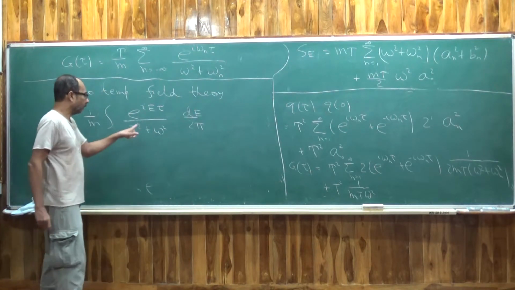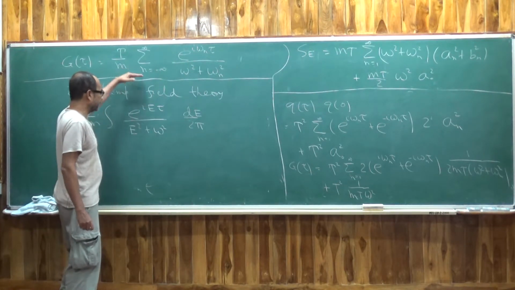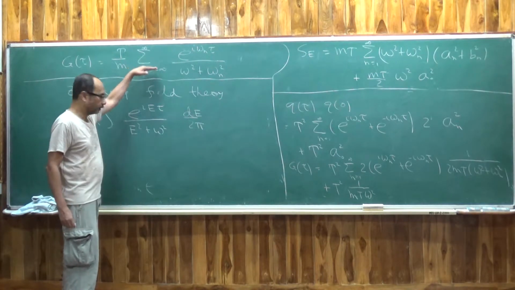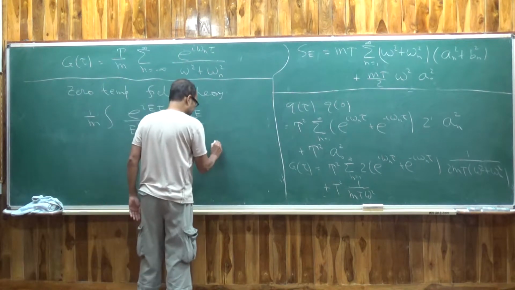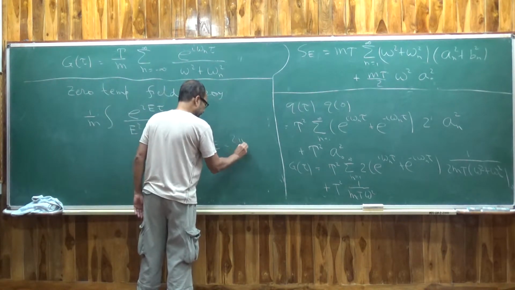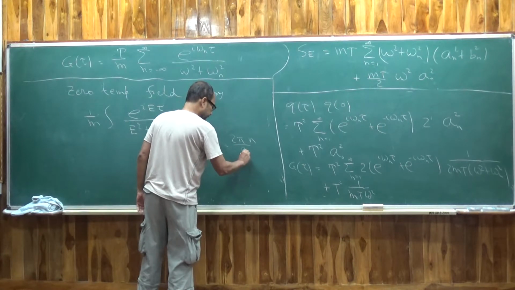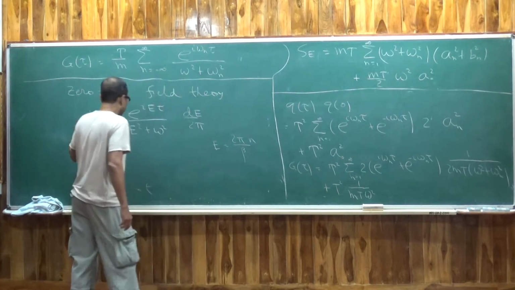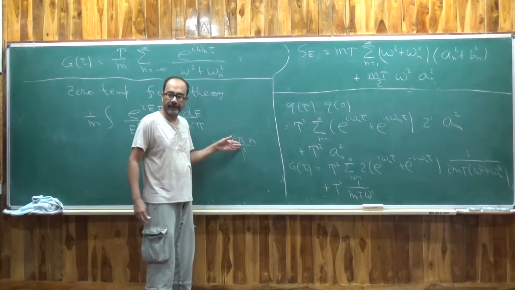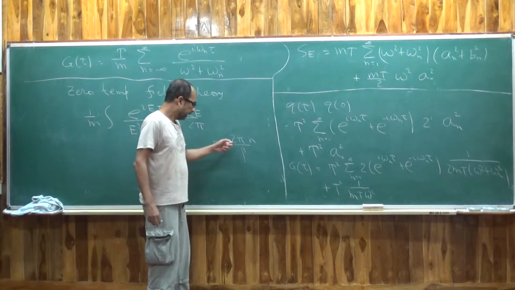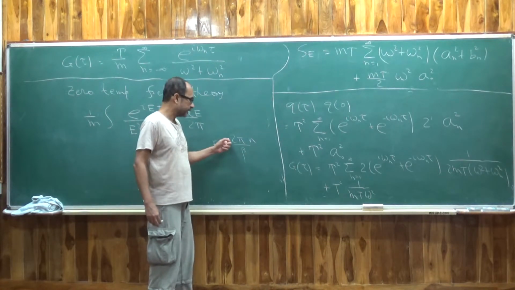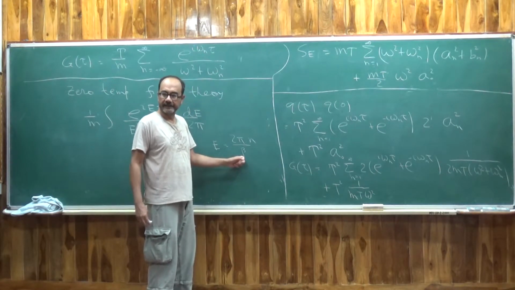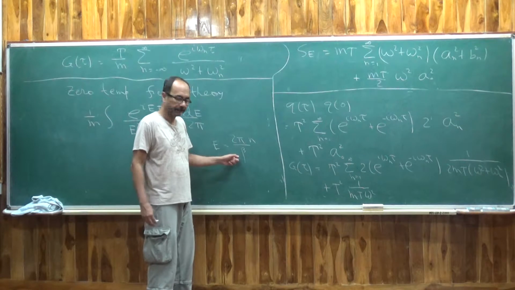Now the relation between this and this is simply that if you discretize this, you get this. So what is the discretization? You take E to be 2 pi n over beta. Instead of integrating, you sum over n from minus infinity to infinity. And you think of this 2 pi over beta as a lattice spacing. Beta is very large in the zero temperature limit, so this is like the lattice spacing.